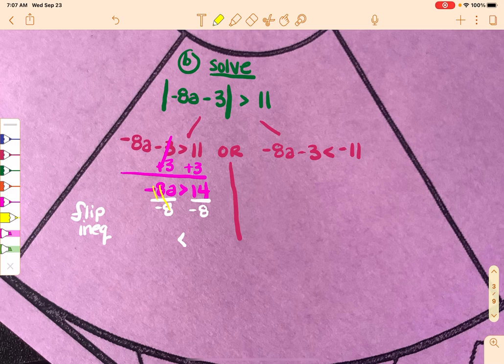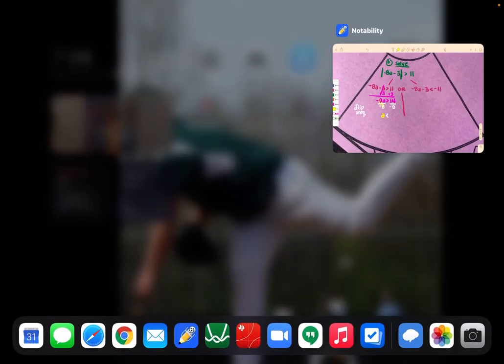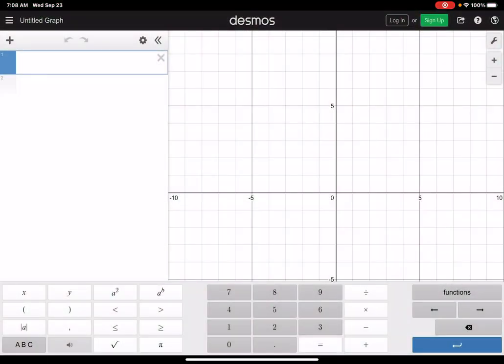Okay, these are going to cancel. I'll be left with a. And then I have 14 divided by negative 8. Now, I'll be honest, that's not going to be a whole number. But probably what I would do is pull out Desmos and see what it does if it reduces or anything else. So 14 divided by negative 8.